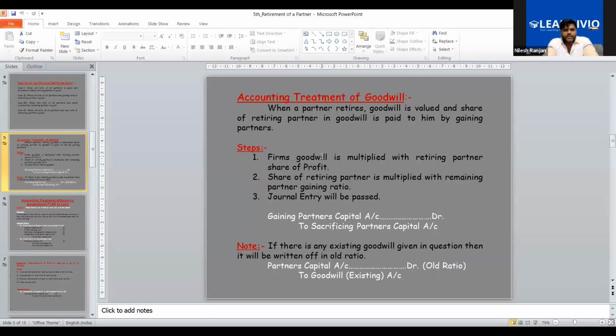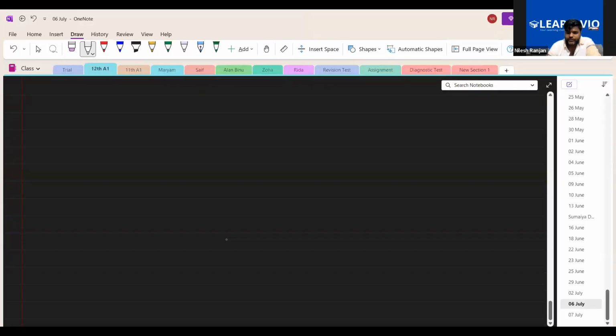Whatever share the retiring partner has will be multiplied with the total value of goodwill of the firm. Then the retiring partner's share will be distributed between the remaining, gaining partners, and they will give the amount through a journal entry.